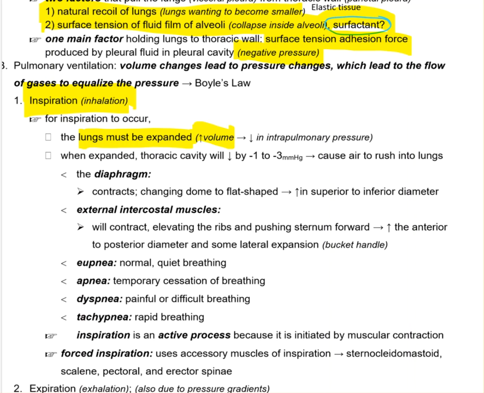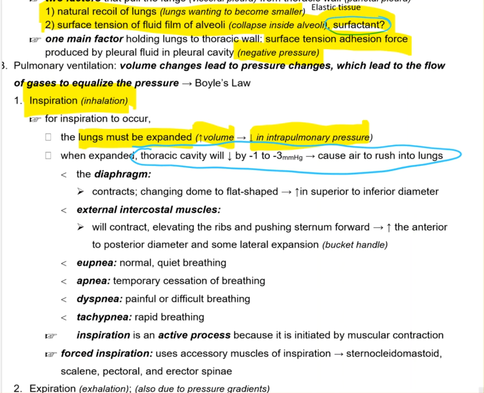If we were moving around, we'd have plenty of room to get around each other. No problem, pressure levels would drop. So if we expand our lungs, volume increases, and inside the lungs, intrapulmonary pressure will decrease. When we expand the lungs, the pressure in the thoracic cavity will decrease by about 1 to 3 millimeters of mercury.